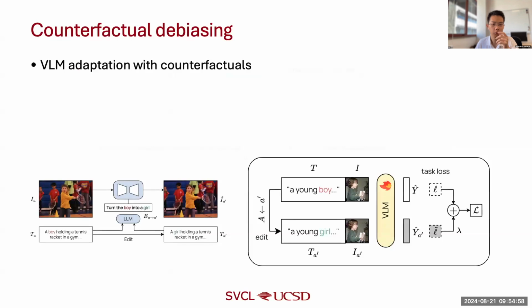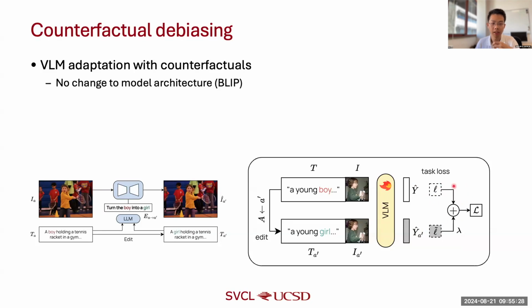Okay, so once we have the mechanism for image text intervention, the debiased adaptation of VLMs essentially reduces to training with an augmented counterfactual loss. So we feed both the original and counterfactual examples to the VLM and use this combined loss to ensure that the model predicts both the original and the counterfactual data with high accuracy.